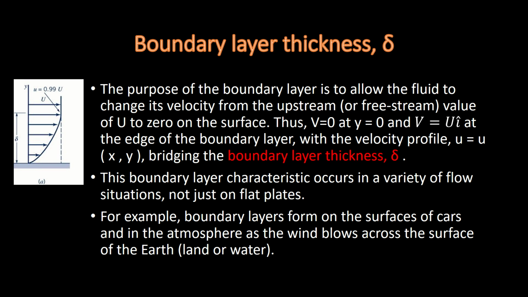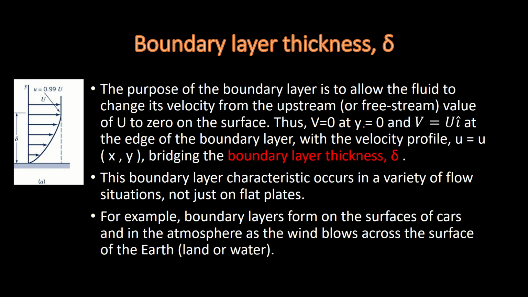As I mentioned, to understand the boundary layer we first need to know its thickness. The purpose of the boundary layer is to allow the fluid to change its velocity from the free stream value U to 0 on the surface.